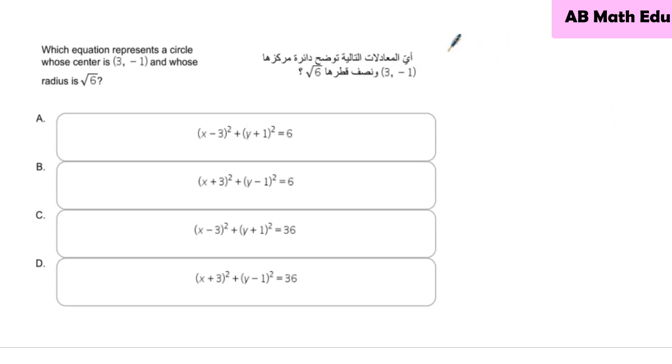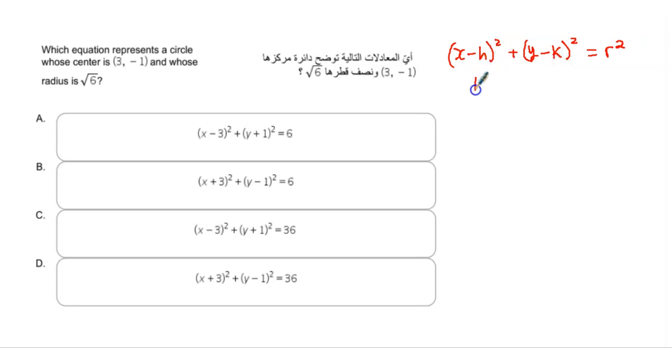So the equation of a circle is (x - h)² + (y - k)² = r². Some books use a, b. It's just a variable. Here h and k is the center of the circle and r is the radius of the circle.